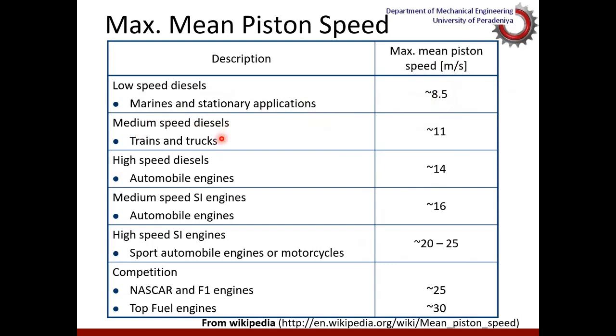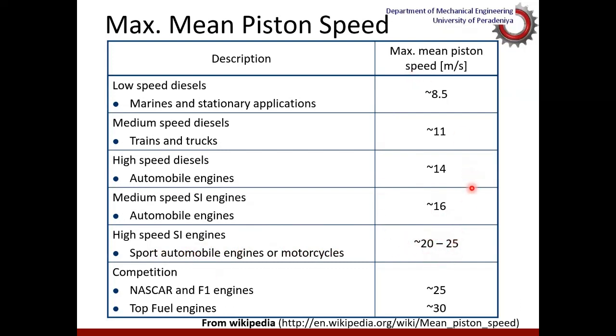Medium speed diesel engines like trains and trucks, it can be around 11. High speed diesel engines like automobile engines, you can go up to 14. Medium speed spark ignition engines, that is about 16. And high speed engines like sport automobile engines, it can go even up to 25.